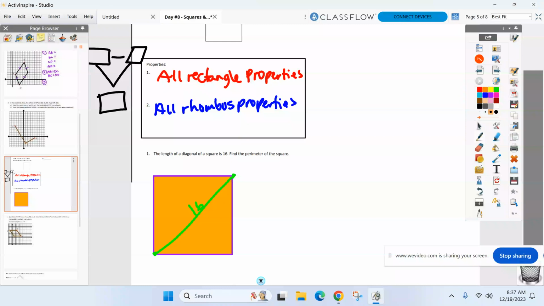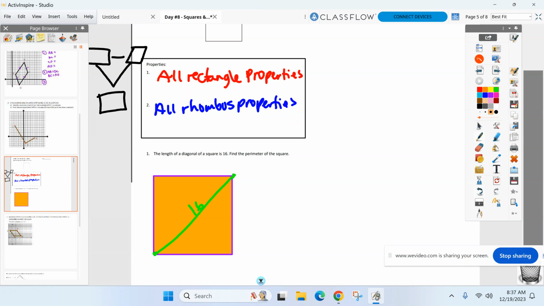So if one side is 16. I got 32 plus x squared equals 16. I have to think about it.